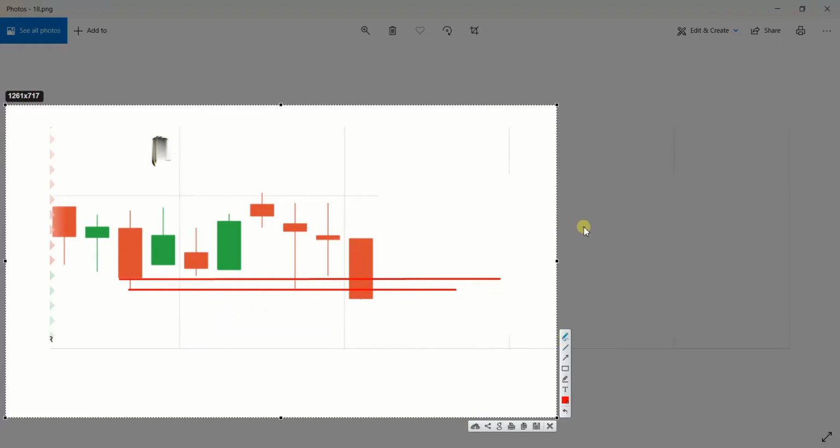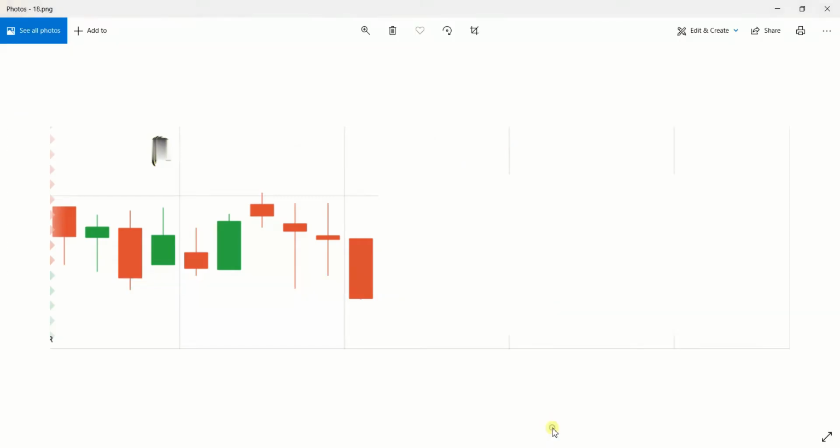So I will discuss fake breakouts in the future classes, so no need to worry, but just know that 70% of the breakouts are fake, and after the breakout the market will reverse. Okay, but here we just want to trade with the SNR.